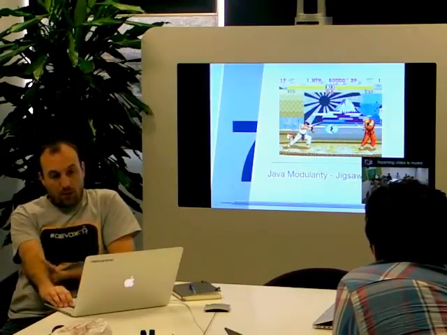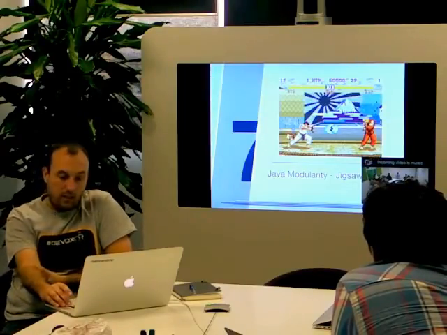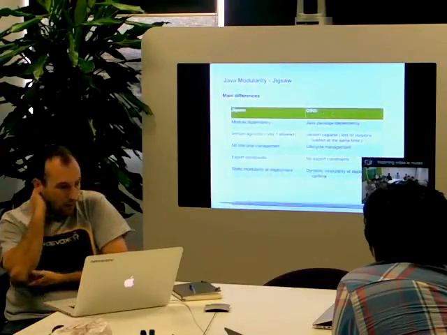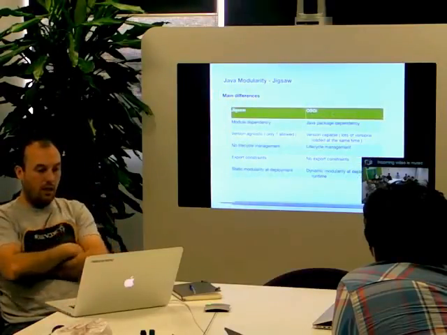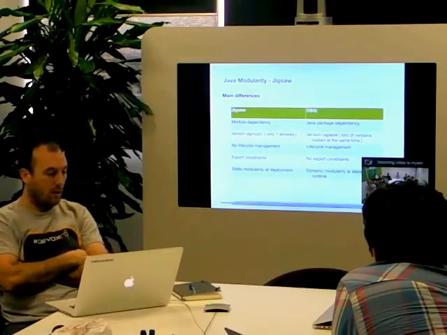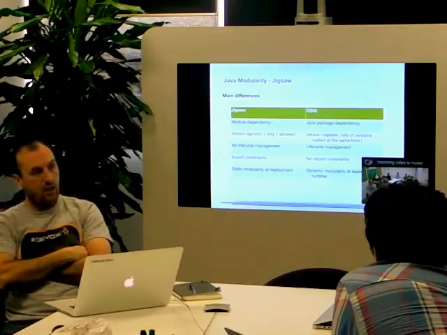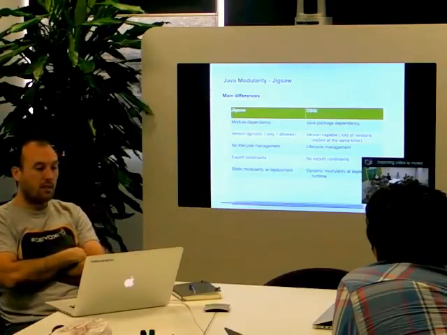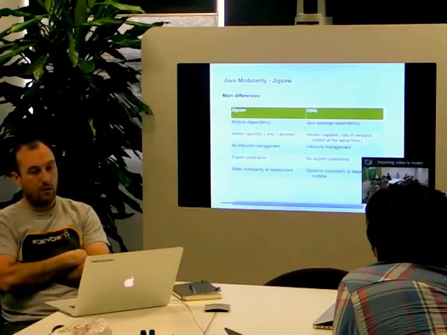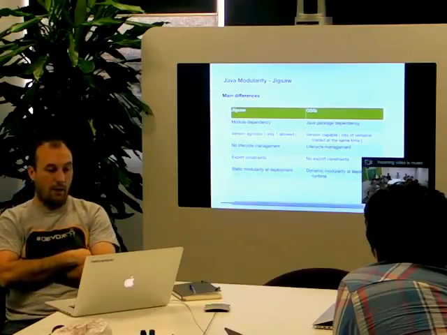Now I will try to compare some characteristics of the two implementations. Jigsaw has dependencies at the module level, and in OSGi you have dependencies at the package level, no matter what the module is called or where it is.